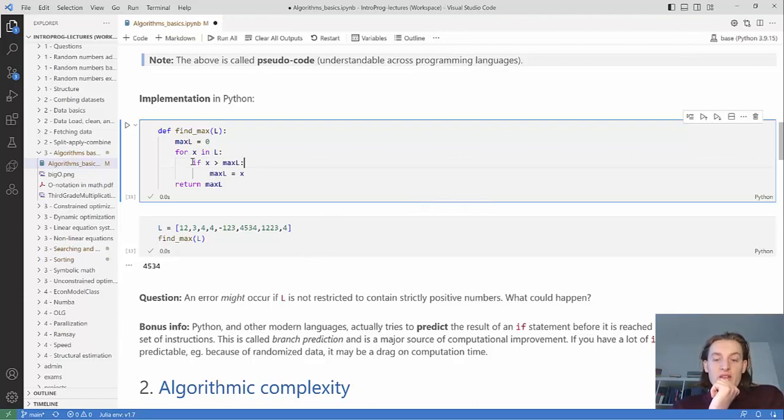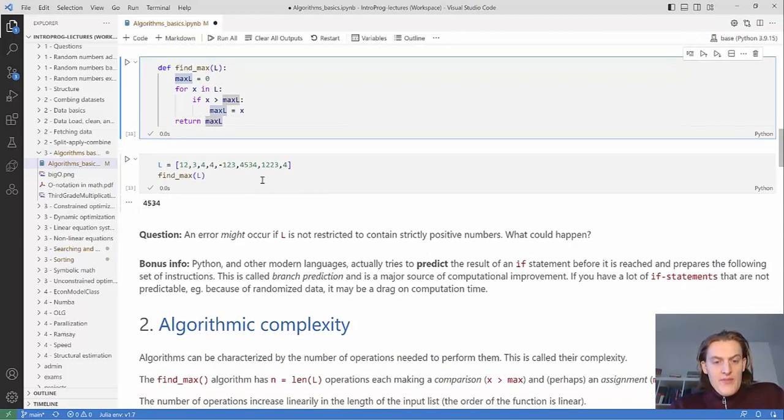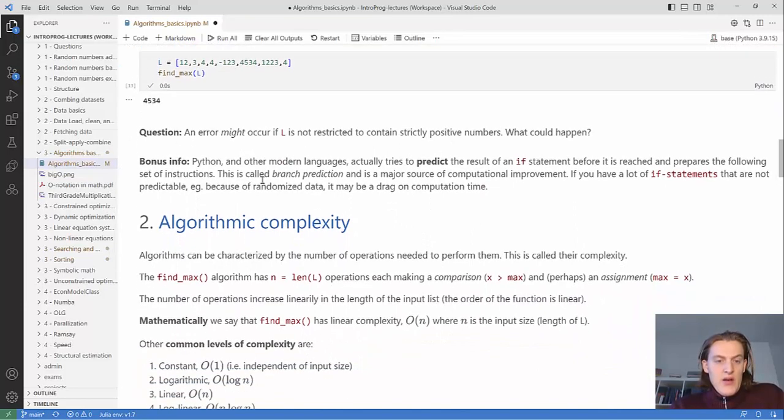It tries to predict the results of these if statements, such that it doesn't have to evaluate all of the code. This is sort of a side note, but it's pretty cool that Python actually does this.